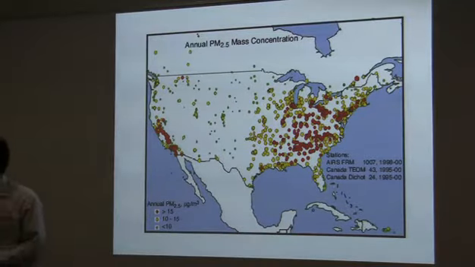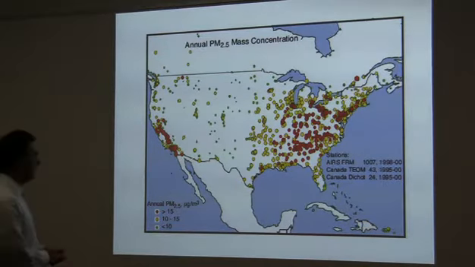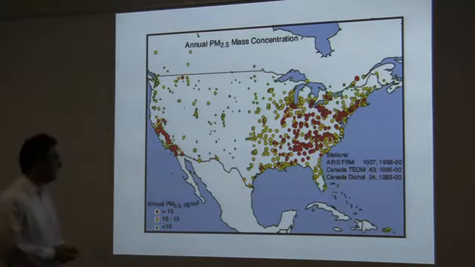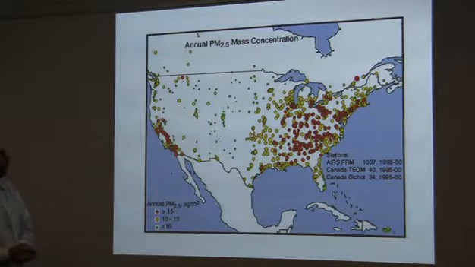So just to give you a very, very quick overview here, this is the map of the United States with the areas where there is a PM issue. Red is the largest concentration, yellow medium concentration, and green is lower, but certainly we have a lot of PM in the two coasts.